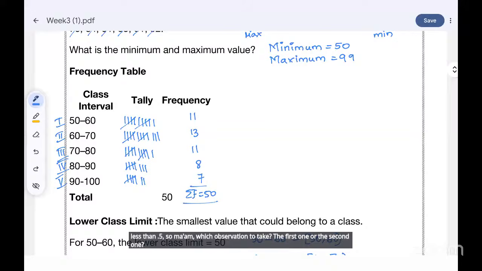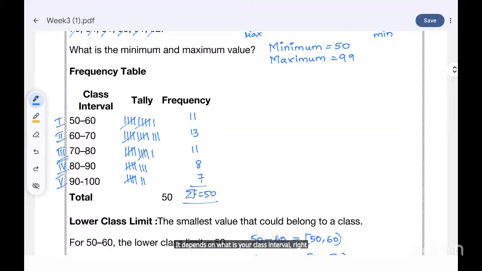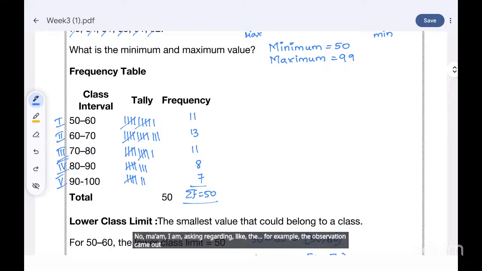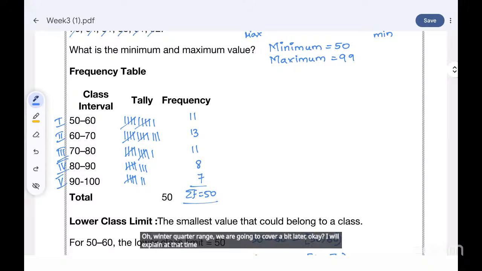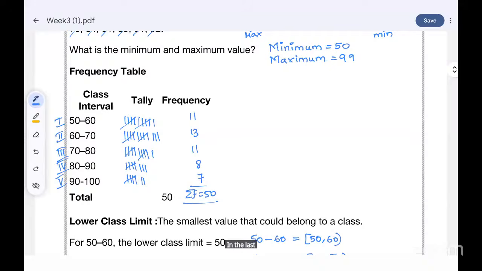It depends on what your class interval is. It is regarding the interquartile range. Interquartile range we are going to cover a bit later. I will explain at that time.